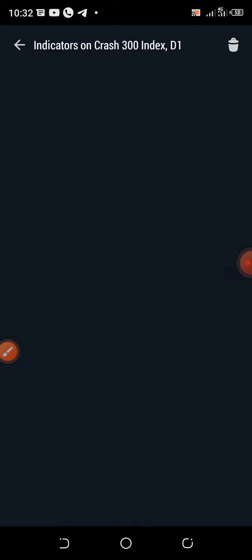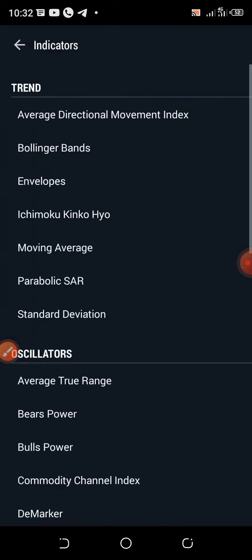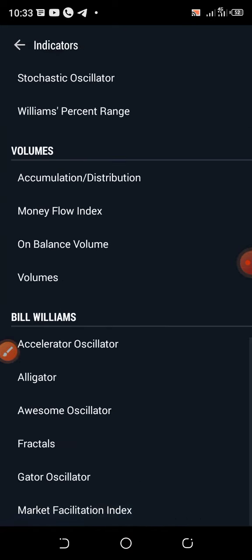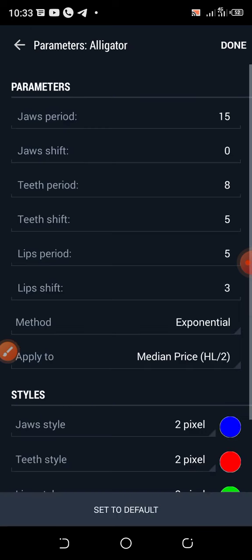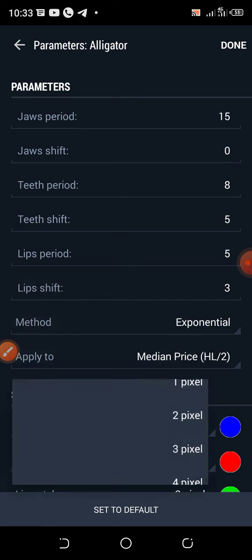So what did we add there? We'll add the alligator. For this alligator, the jaw period is 15, jaw shift is 0, teeth period is 8, teeth shift is 5, the lips period is 5, the lips shift is 3, the method is exponential, applied to median price HL/2, and for style, you make it look like this.